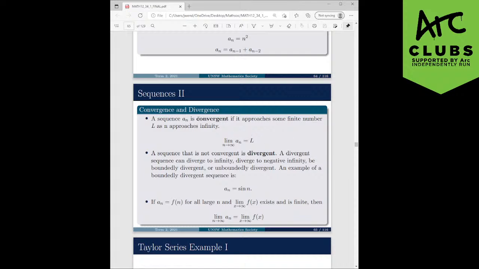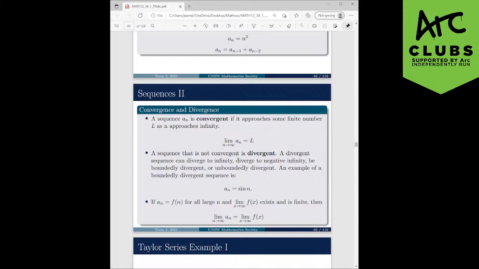A convergent sequence, when n approaches infinity, will approach some finite number. Your square number sequence clearly just shoots up into infinity. It's not going to approach some finite number, so it's not convergent. It falls under the divergent category. And then you can further classify the divergence.